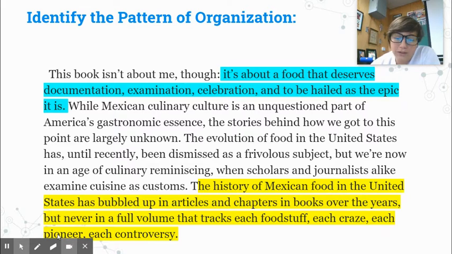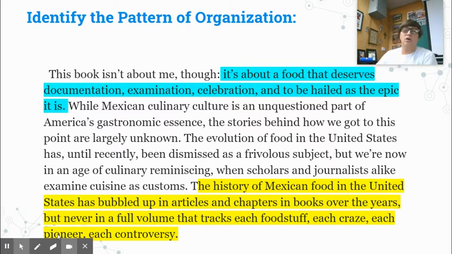The evolution of food in the United States has, until recently, been dismissed as a frivolous, but we're now in an age of culinary reminiscing, when scholars and journalists alike examine cuisine as customs. The history of Mexican food in the United States has bubbled up in articles and chapters in books over the years, but never in a full volume that tracks each foodstuff, each craze, each pioneer, and each controversy. So, the correct pattern of organization here is problem and solution.